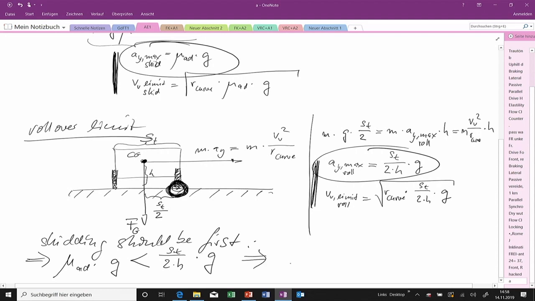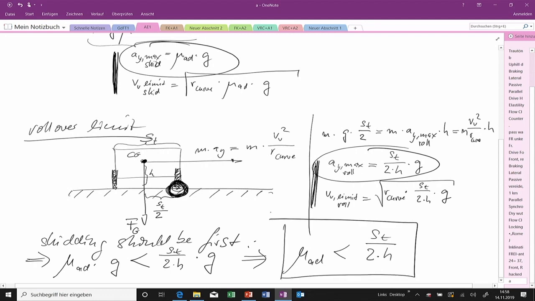And from that, we get that mu_at should be smaller than s_t divided by 2h. Or we can say it the other way around: s_t should always be larger than 2 times mu_at times h.